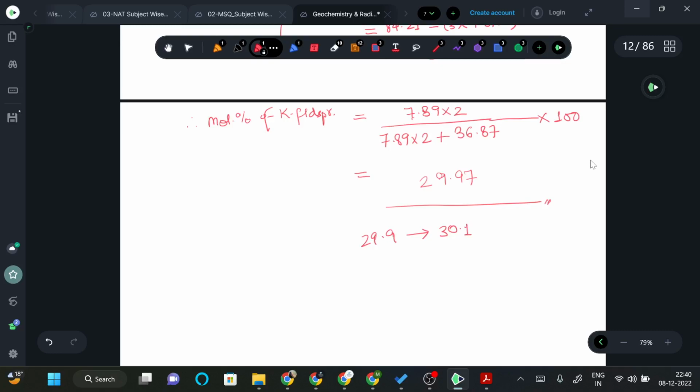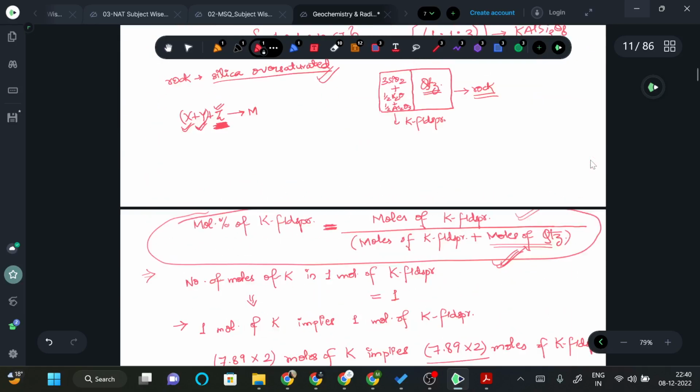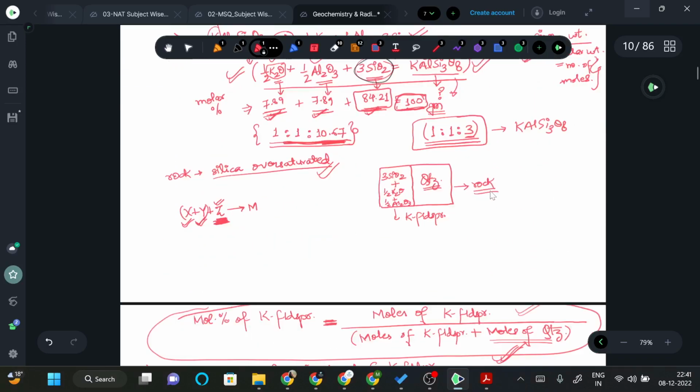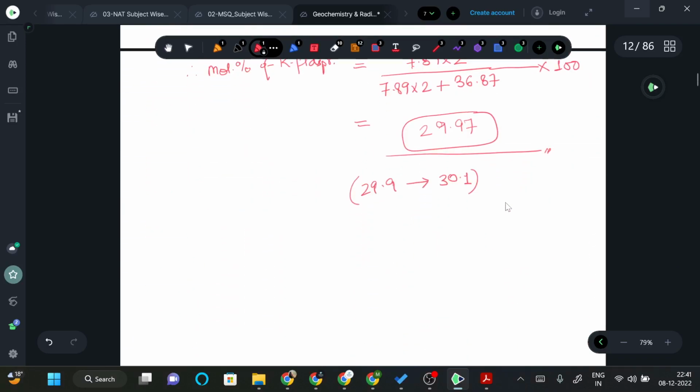This is the range. So this is perfectly lying within the range, right? Did it ask up to 2 decimals? It is asking to round off to 1 decimal only. So when you round off to 1 decimal, this will become 30. That is why this is the range that they have given.